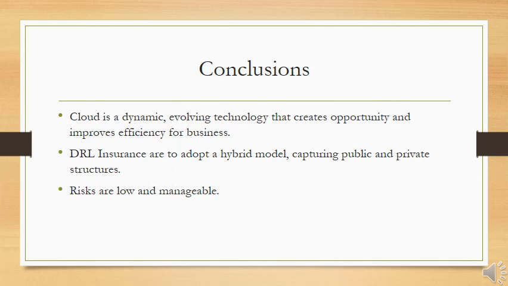So what can we say about the cloud from this presentation? Well, it's a dynamic, evolving technology that will create opportunity and improve efficiency for business. And here at DRL Insurance, we should adopt a hybrid model to capture both public and private structures. The risks that we've observed are fairly low and manageable.